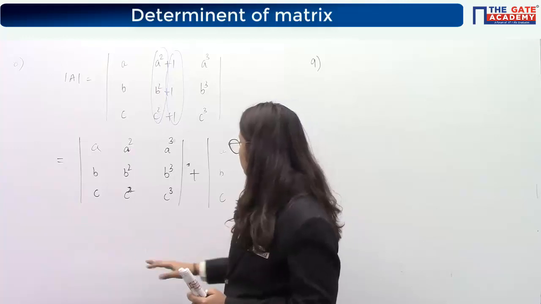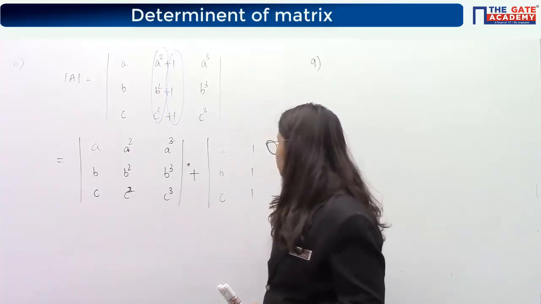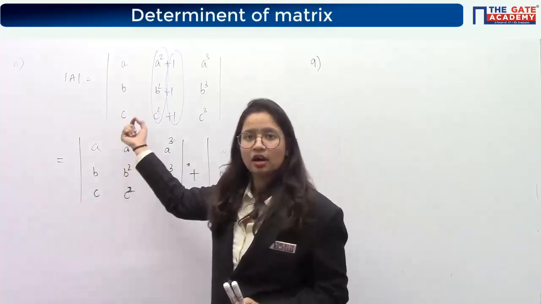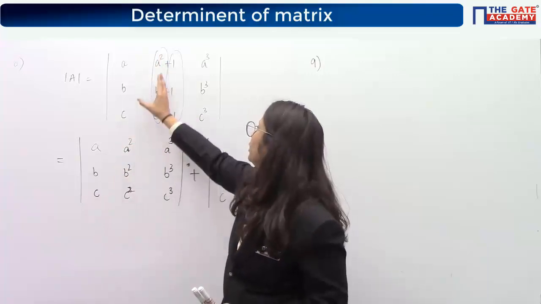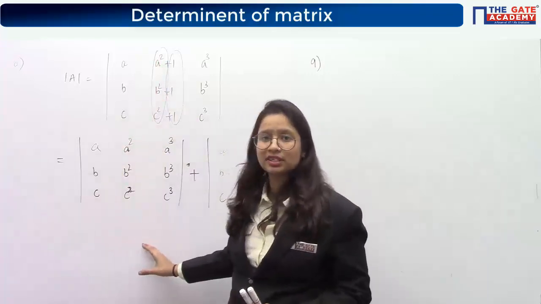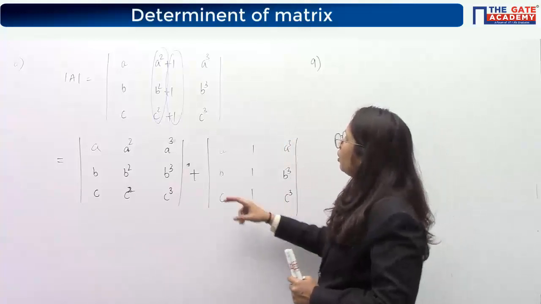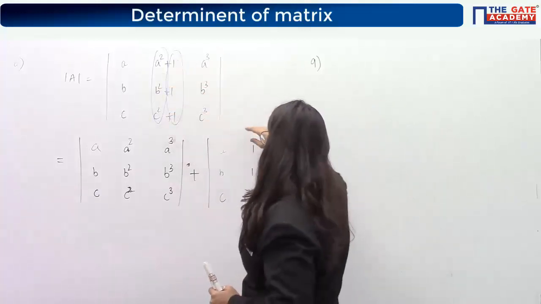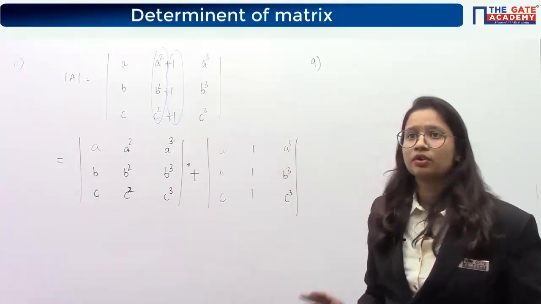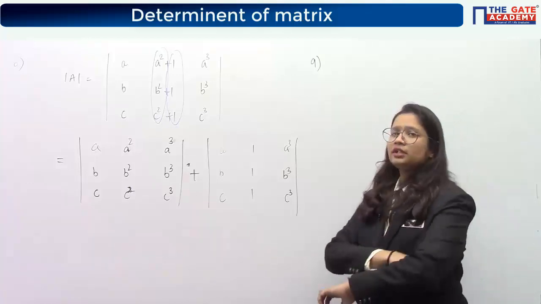In these, column 1 and 3 will remain the same, but you will just take the first term of each element in this column, like a square, b square, c square, and the second term of each element of this column, that is 1, 1, 1. This is what your property is trying to say to you.